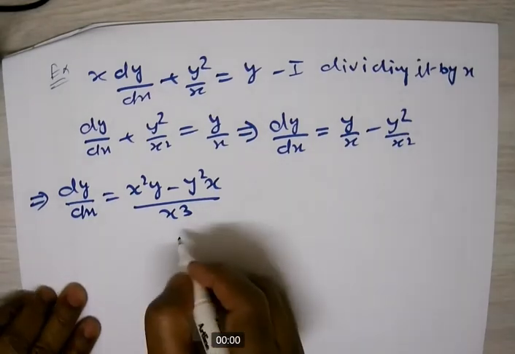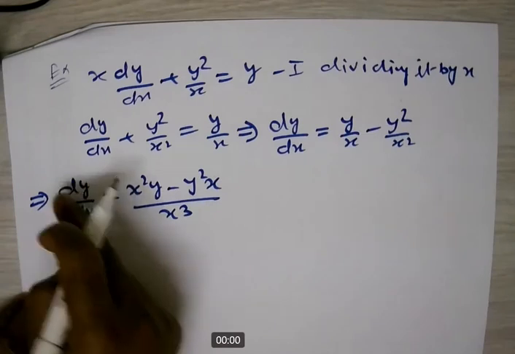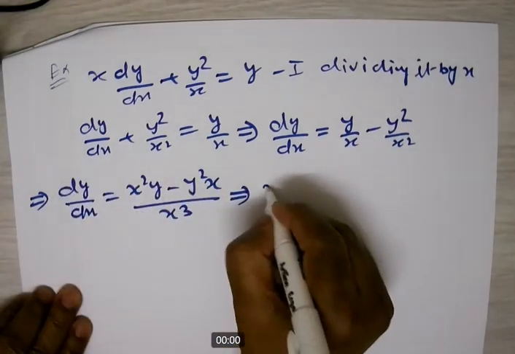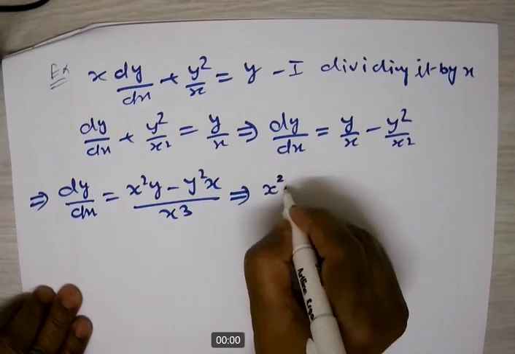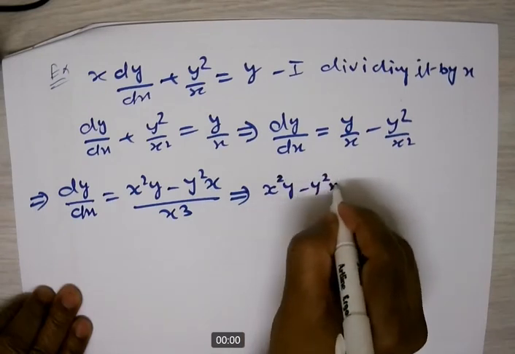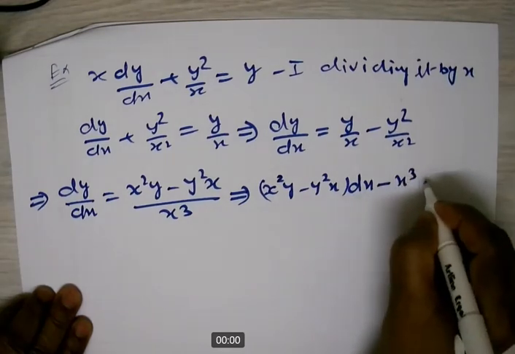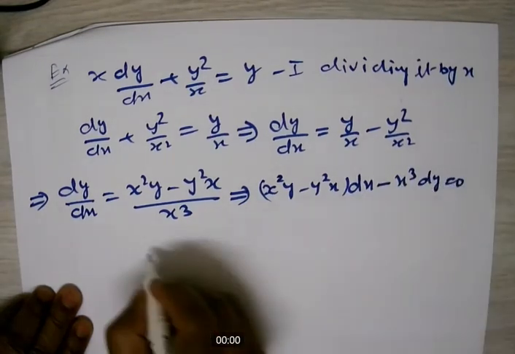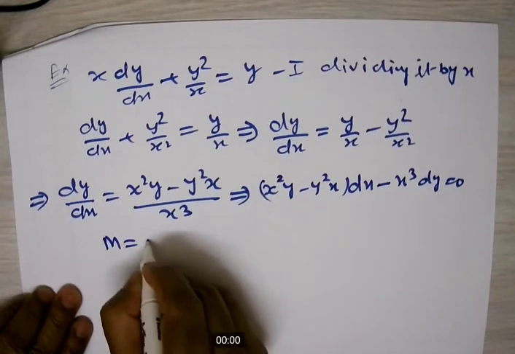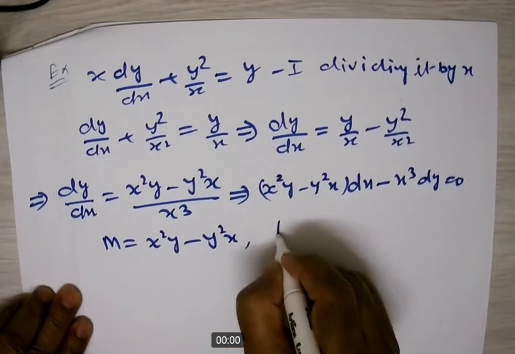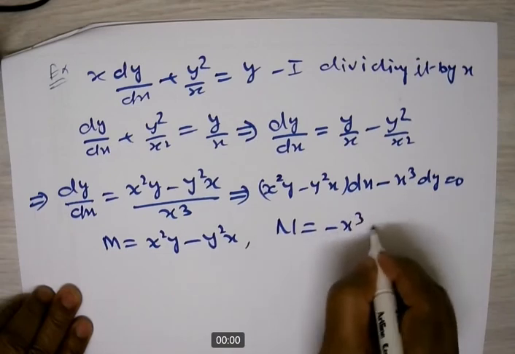Here I can use cross multiplication. After using cross multiplication, this becomes x square y minus y square x dx minus x to the power 3 dy equal to 0. Now M equals x square y minus y square x and N equals minus x to the power 3.